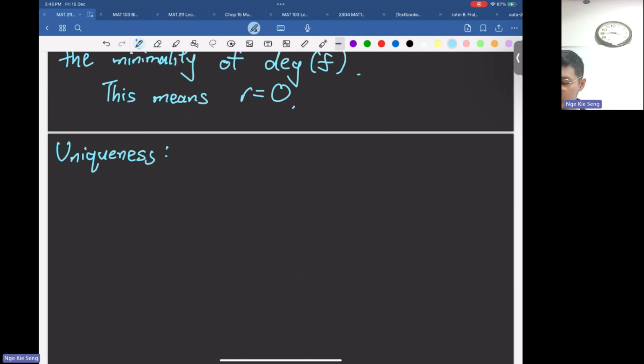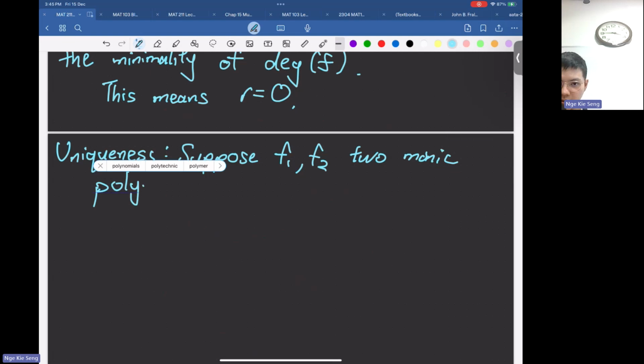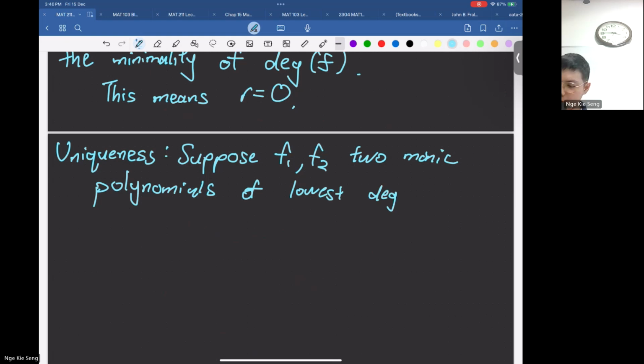Okay, so suppose F1, F2 are two monic polynomials with the lowest degree. What can we do about them?